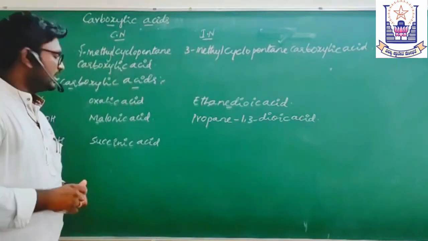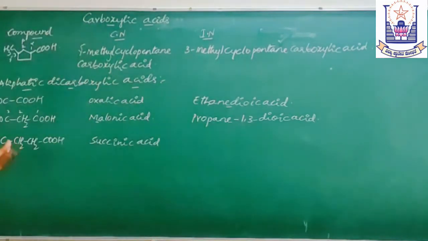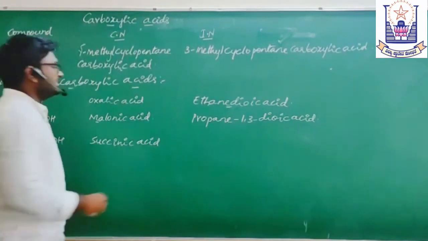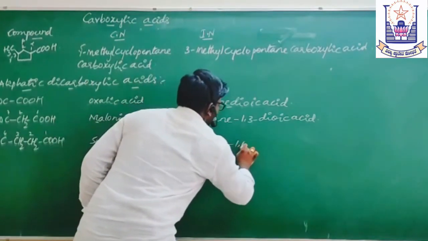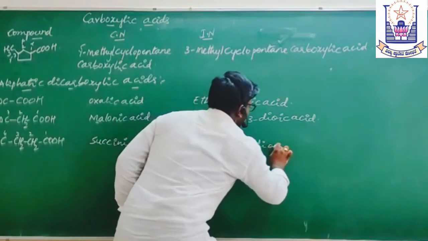Yes. Later I will tell you. Now, what is the IUPAC name? 4 carbon atoms are there, no? So therefore, butane 1, 2, 3, 4. Butane 1, 4 dioic acid.